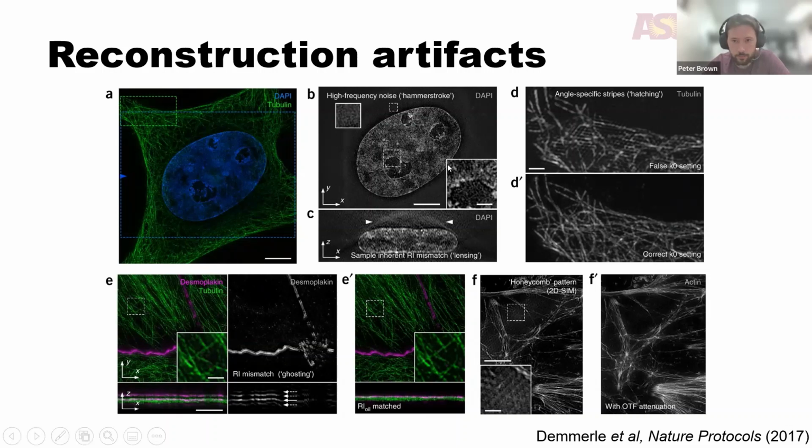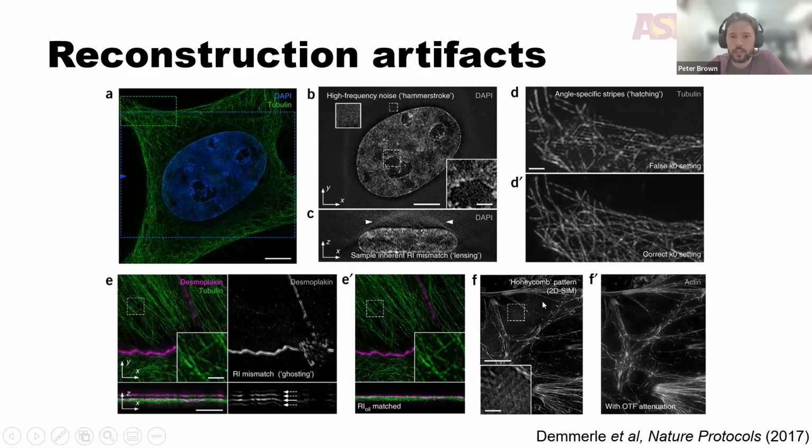So we've already discussed hammer stroke. For example, cross-hatching, which looks something like this, is characteristic of having an incorrect SIM vector in the reconstruction. So the bands aren't put together quite correctly, and you have this sort of cross-hatching or ringing effect.